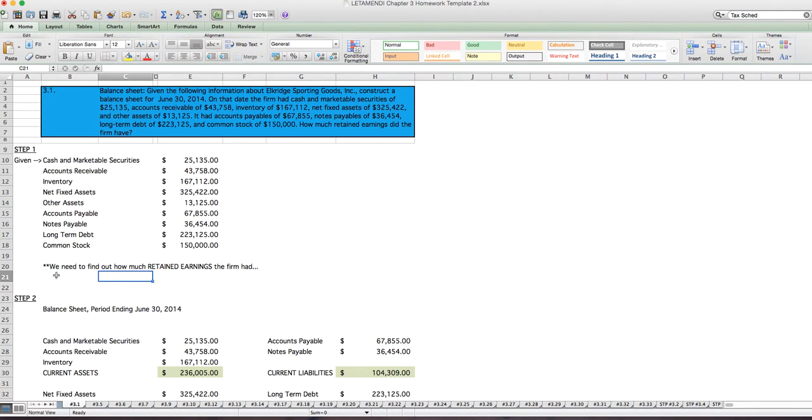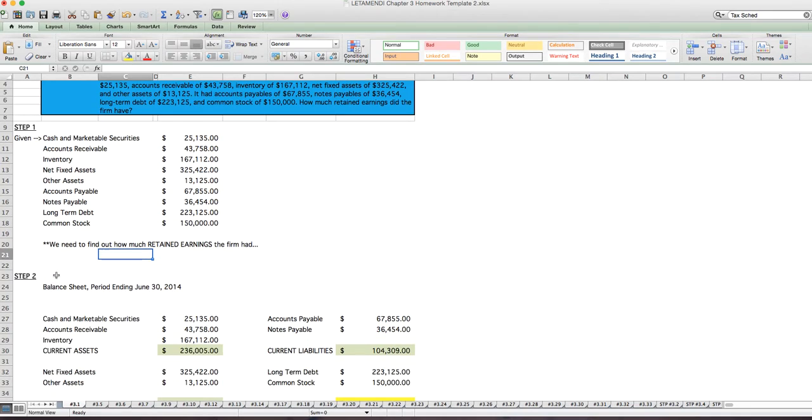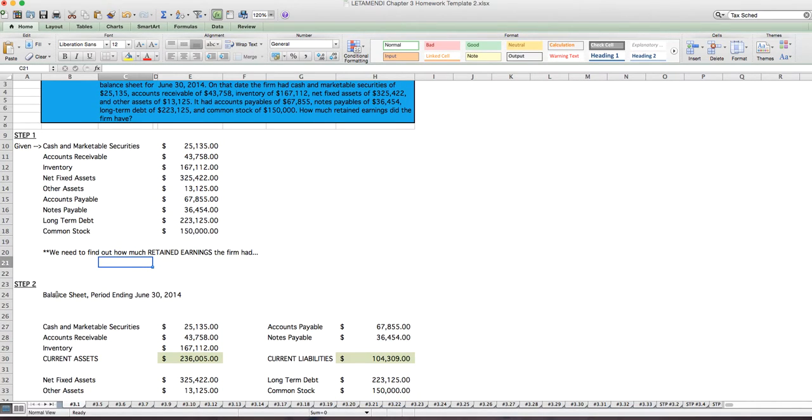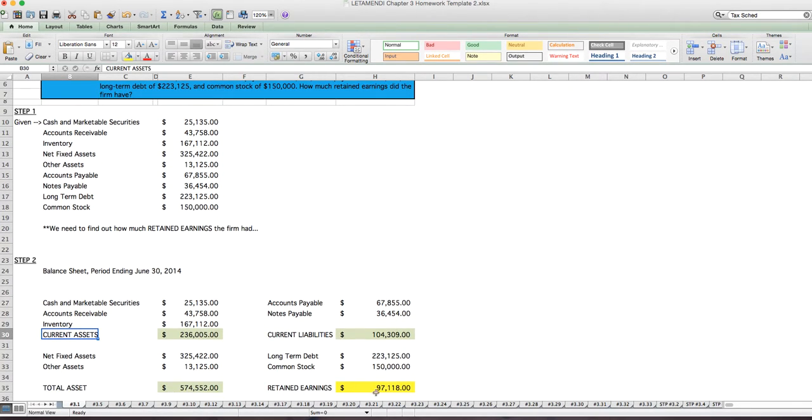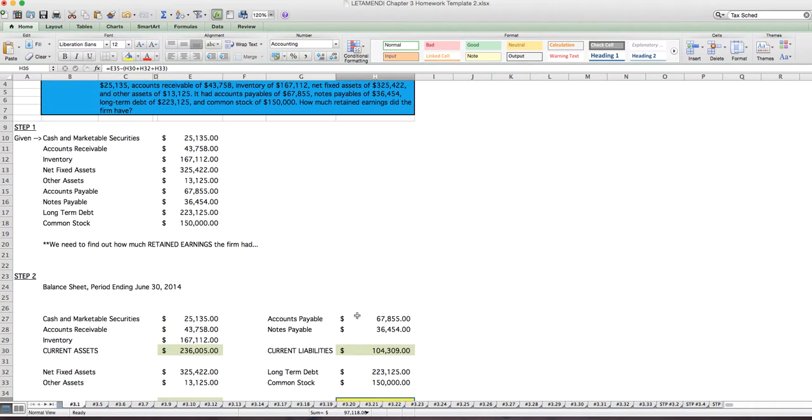So now the next step is to go ahead and put together the balance sheet for the period ending June 30th, 2014. So we have to start by identifying first the assets, the total assets, and of course the answer is here, but we'll get to that in a sec.